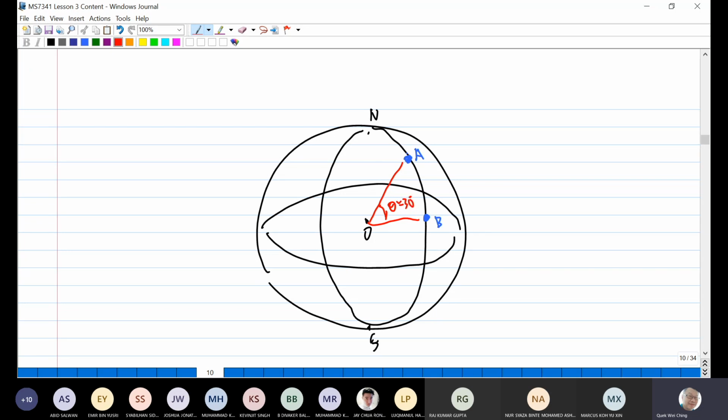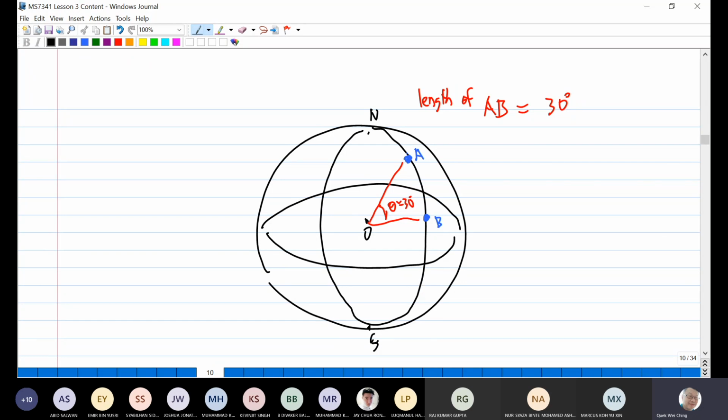Then the distance AB, the length of AB, instead of measuring in kilometers, we use 30 degrees. We write 30 degrees as the distance between A and B. So by measuring the angle from the center of the Earth, we can find the length of AB.